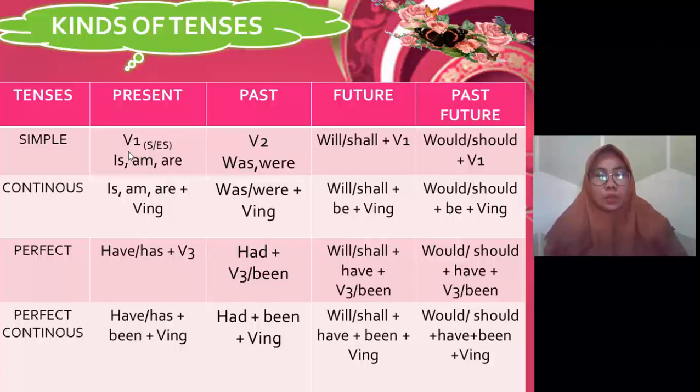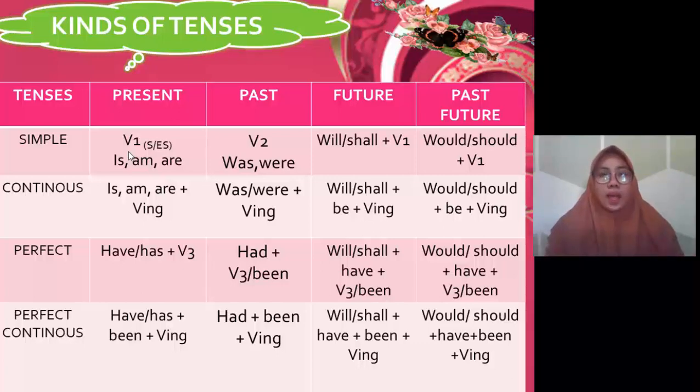And for the past, all of the past time uses verb 2. And then for the future, you must add the auxiliary will and shall for the present time, and for past future, use would or should in your sentence.